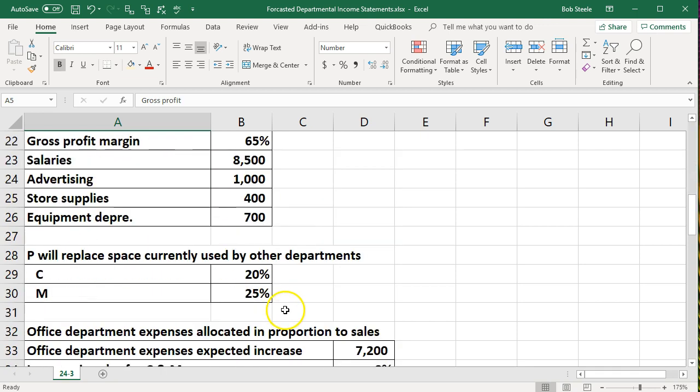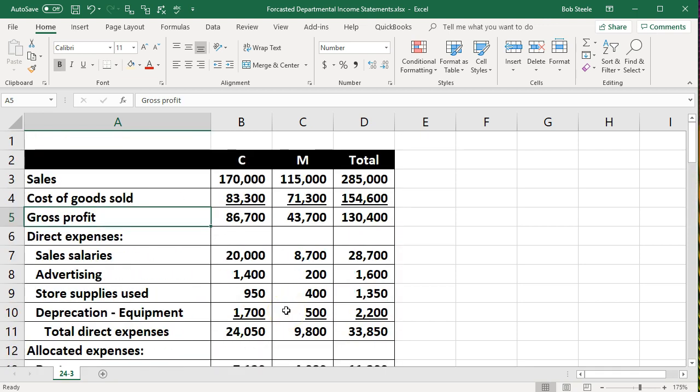So if you need to work this out in the algebra, then you write down the algebra to figure this out. You would say gross profit margin equals the gross profit divided by the sales, and then we need to figure out how we can use that number to figure out the cost of goods sold, which is sales minus cost of goods sold.